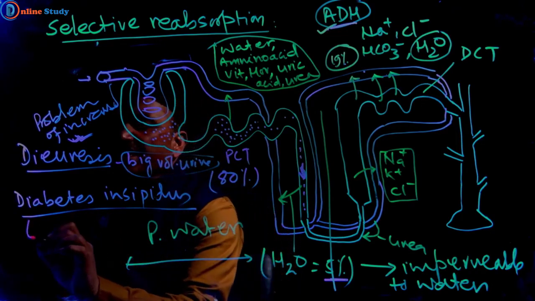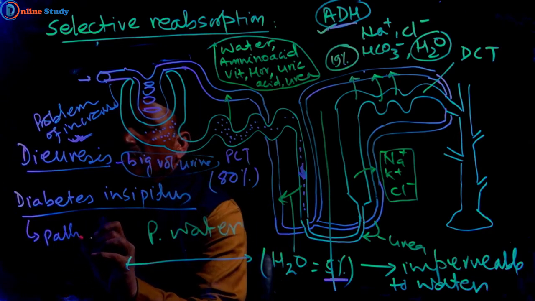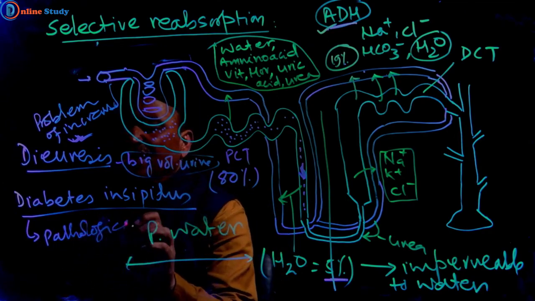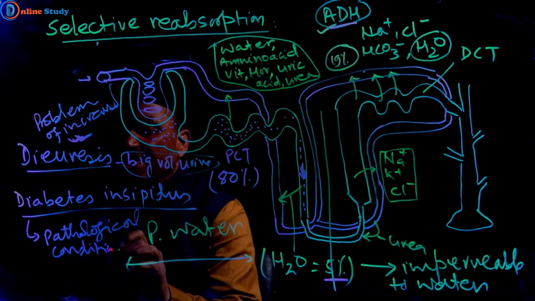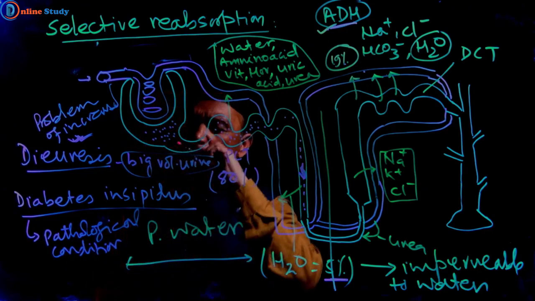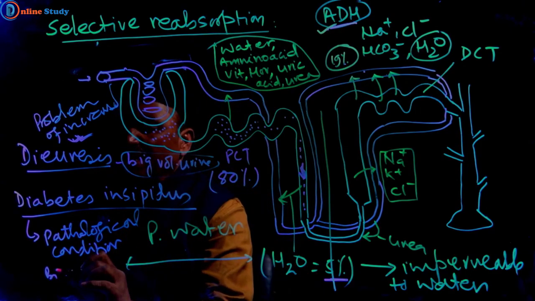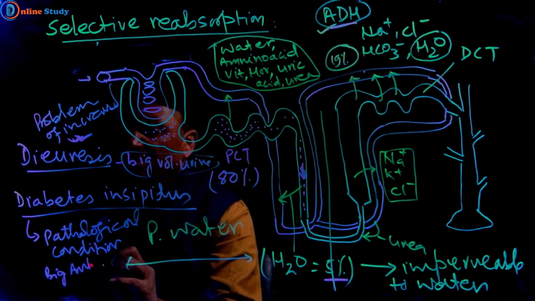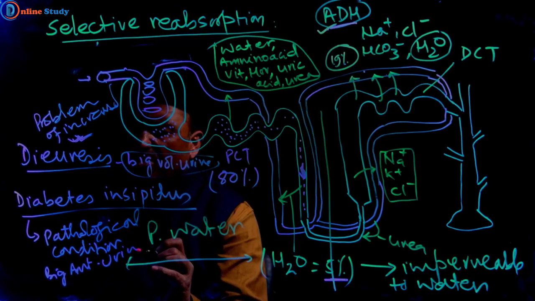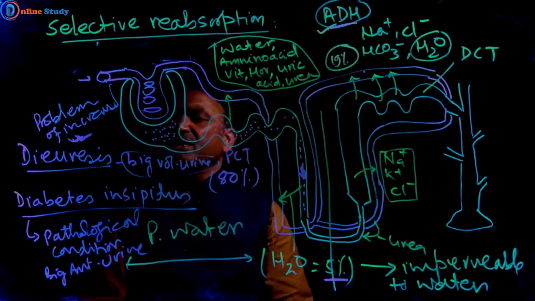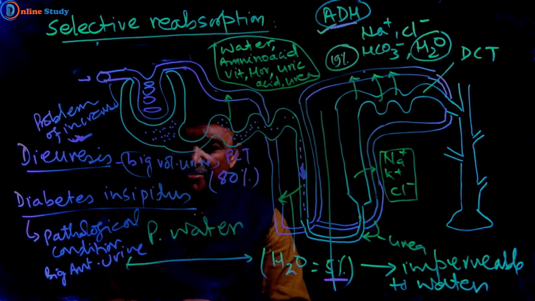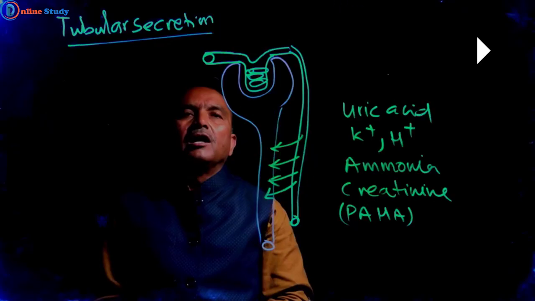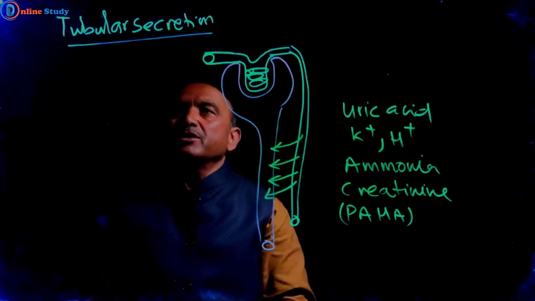It is a pathological condition in which a big amount of urine is formed, and this pathological condition is known as diabetes insipidus.